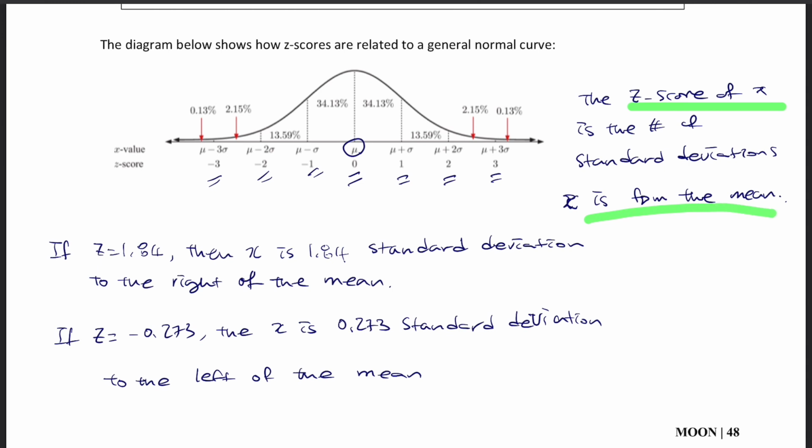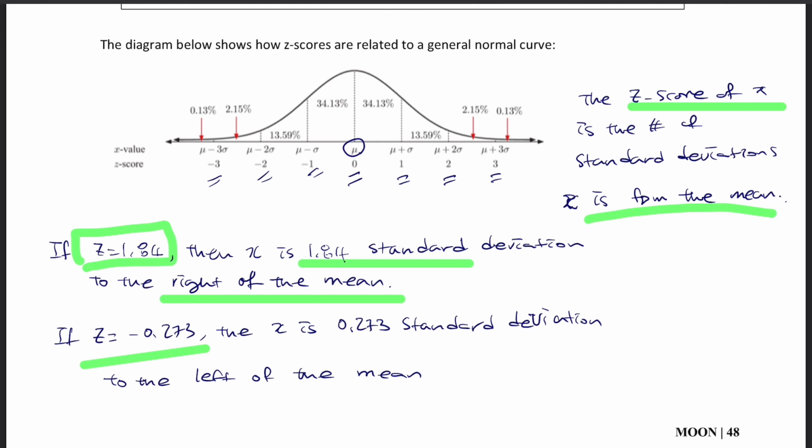And also we can say that when we have a positive z-score value, x is 1.84 standard deviations to the right of the mean. Or if the z-score is a negative value like here, negative 0.273, then that is 0.273 standard deviations to the left of the mean. That's how we can say it.